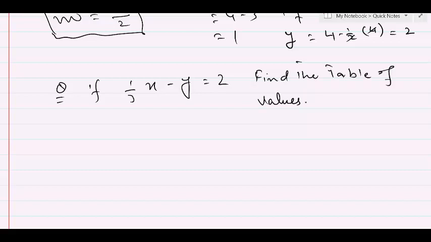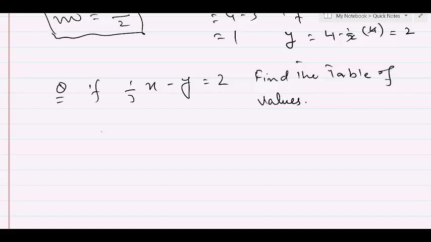Sometimes the question is given as: if 1 over 3 x minus y is equal to 2, find the table of values for x equal to 0, 1, 2, 3. I mean, the x values are given already in the question. If they are not given, then you have to assume. But if they are given, then just use those values.